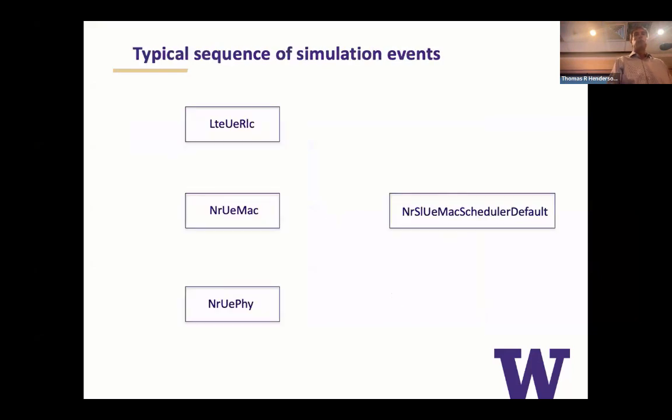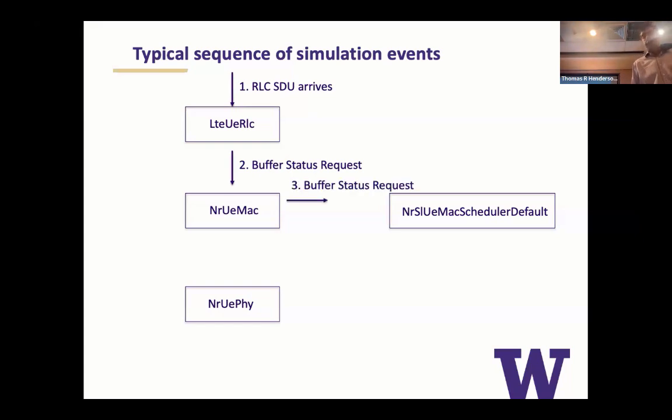Okay, so I'm going to walk through a flow of what happens in the simulation models in this particular example. So the RLC gets some data that's been basically, as we mentioned, filtered to it by configuration of the sidelink info parameter. It generates what's called a buffer status request down to the MAC layer. The MAC layer forwards this over to the scheduler.